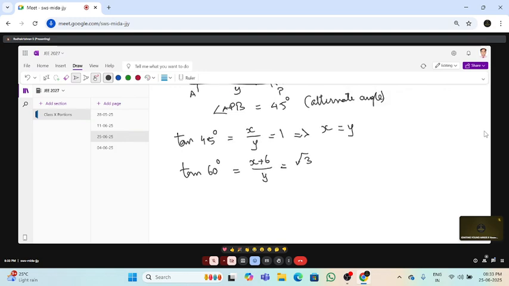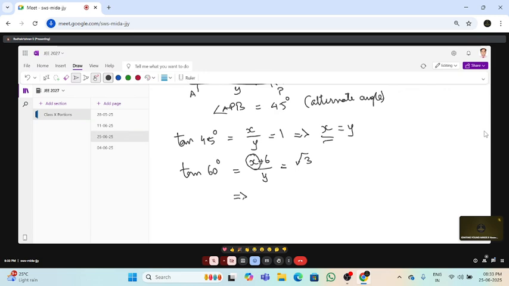Okay. So now we need to get the value of Y, right? So now you substitute this X, because X equal to Y. So you put this X in terms of Y, that means that will become Y plus 6 by Y equal to root 3.